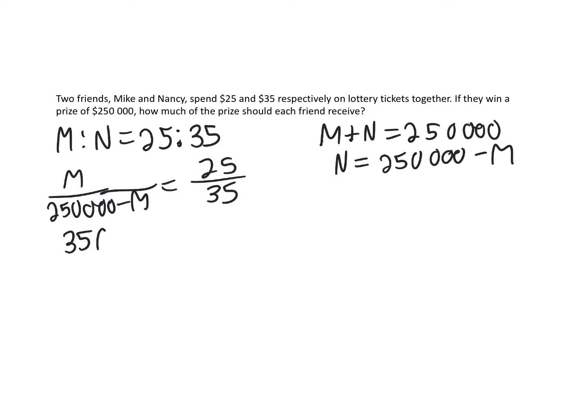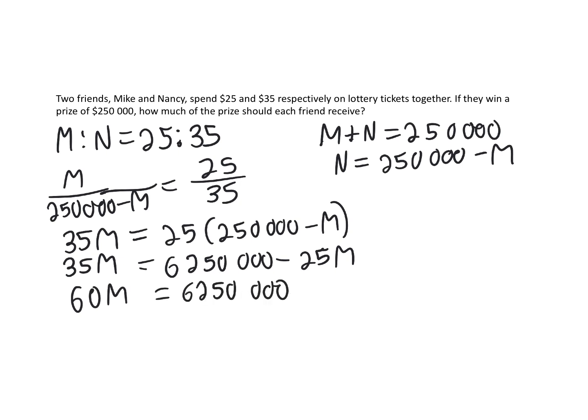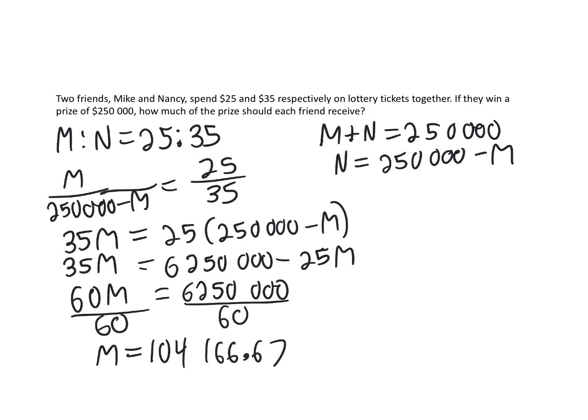Bring the 35 up, bring the 250,000 minus m up, multiply out. Move the m over, divide by 60, m is approximately 104,166.67.